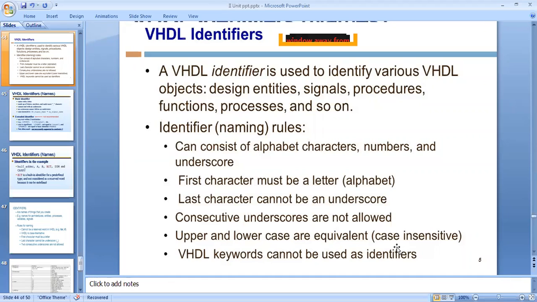If upper case letters are equal to lower case letters, then it is called case insensitive. If the upper case letters differ from the lower case letters, then that is case sensitive. So in VHDL, upper and lower cases are equal.